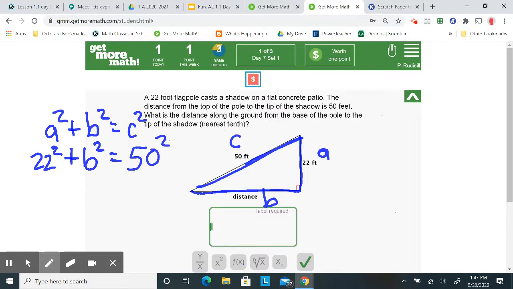So figure out what's 22 squared. 22 to the second power is 484. And 50 squared is 50 times 50, which is 2,500.